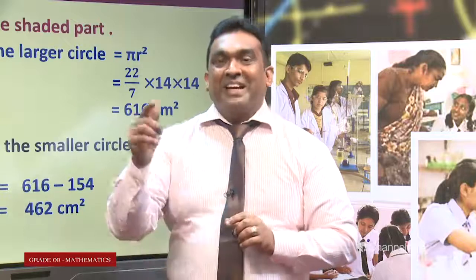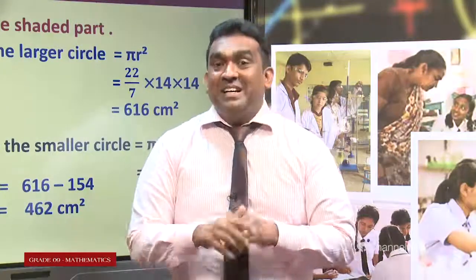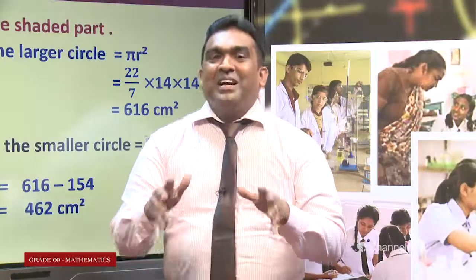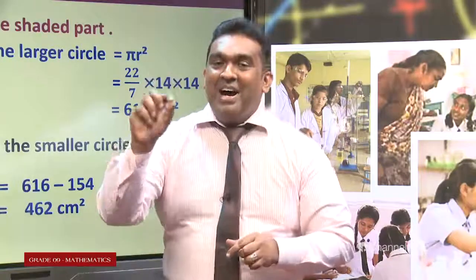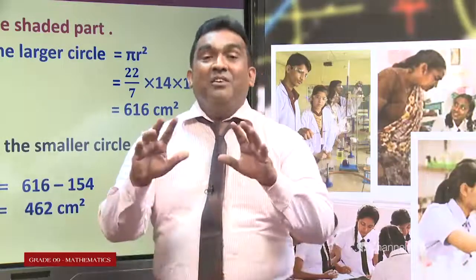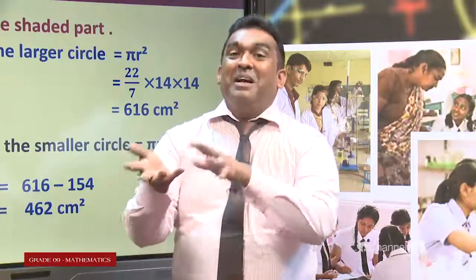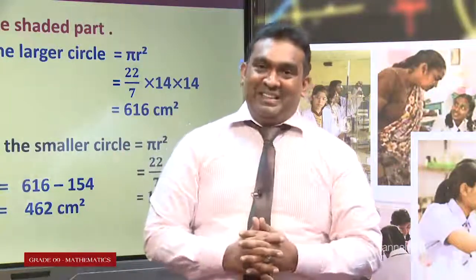Rectangle. Area of a rectangle is equal to length into breadth. Then we considered triangle. How to find the area of the triangle? Half into base into perpendicular height. Then area of a square. How to find the area of a square? Side length multiplied by side length.